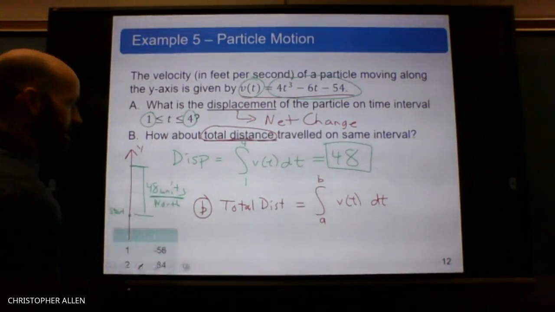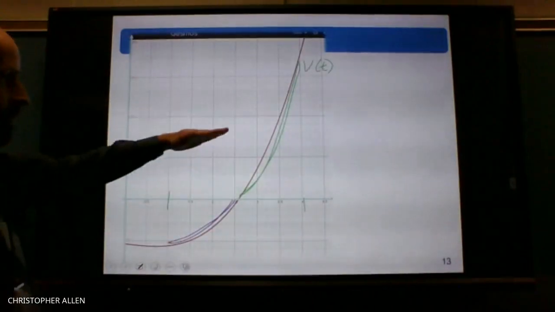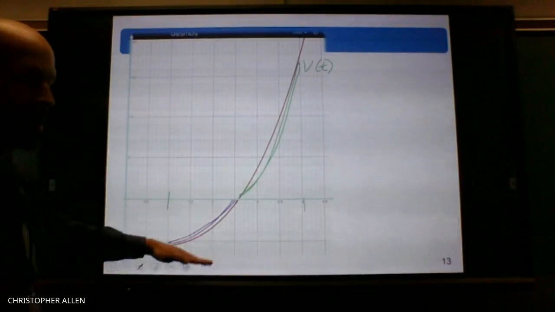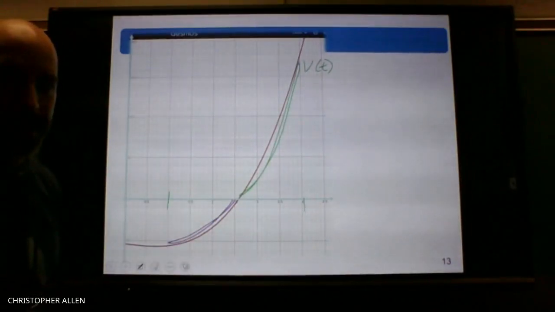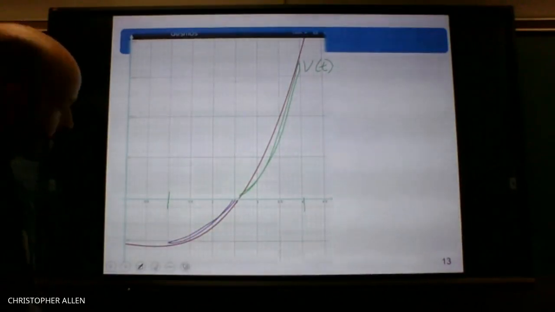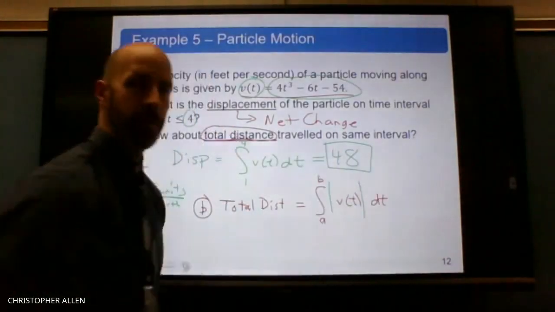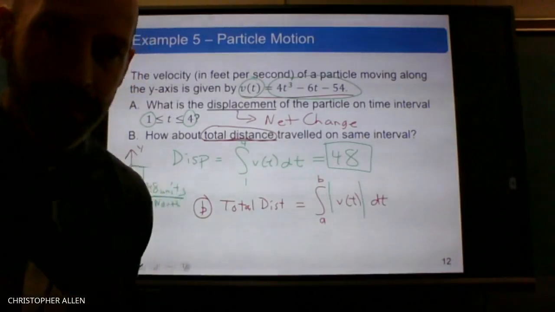I'll give you a hint. This curve over here, this was positive and this was negative. How do I make the negative stuff positive? You do the absolute value of the velocity function.